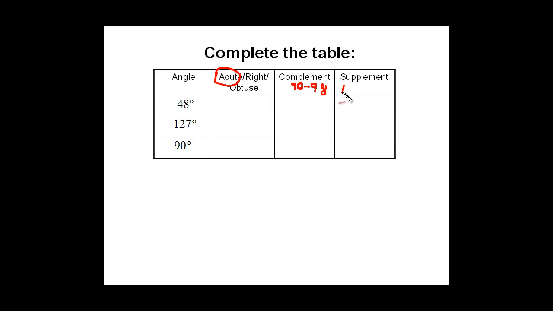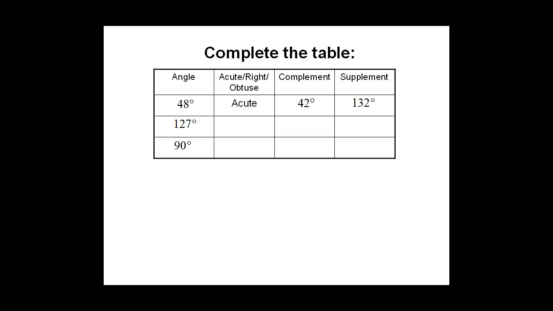And for the supplement, you take 180 minus the 48. And when you do that, you will get an acute angle. Its complement is 42 because that adds up to 90, and its supplement is 132.